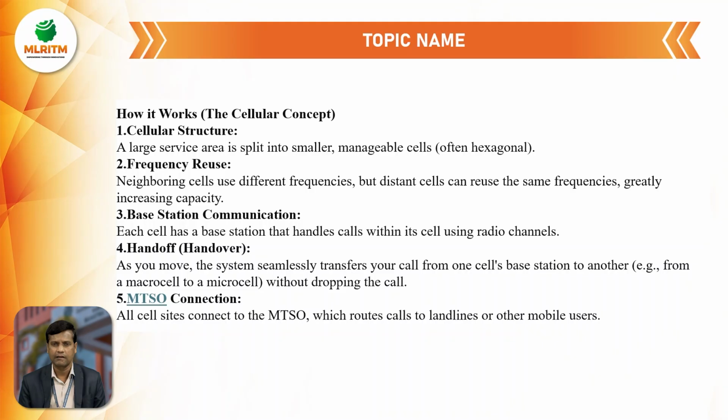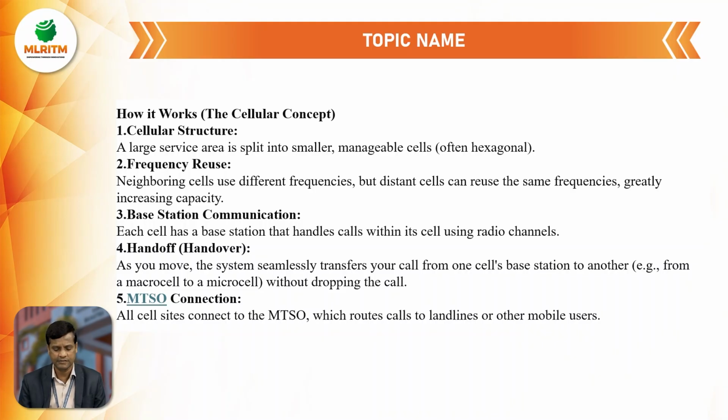For example, while we are moving from one place to another and talking on the phone, we are not staying constant and using only one base station, or getting signals from only one station. While we are moving, the base station has to be changed, right? At that time the frequency or the radio signals also have to change.